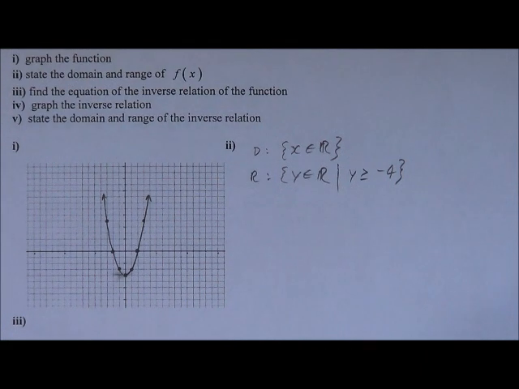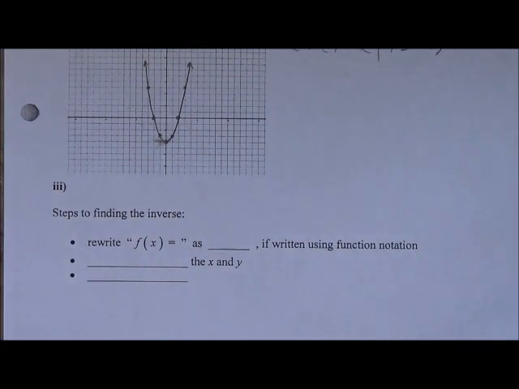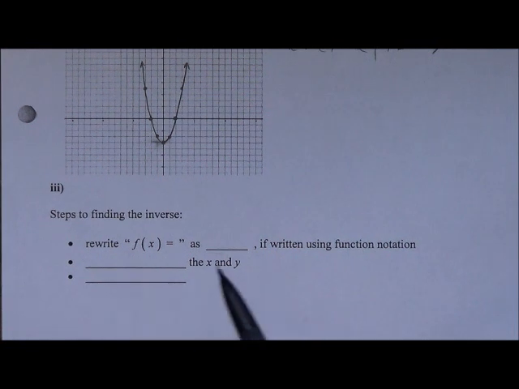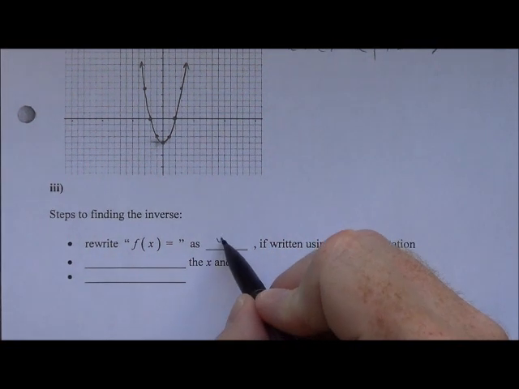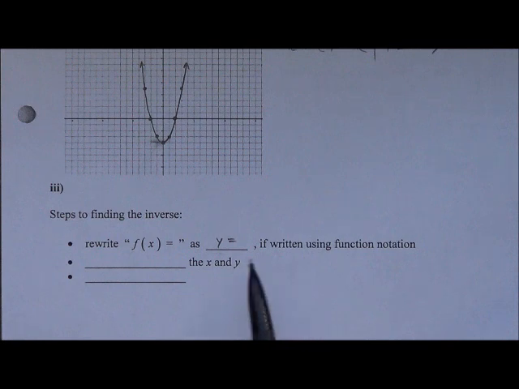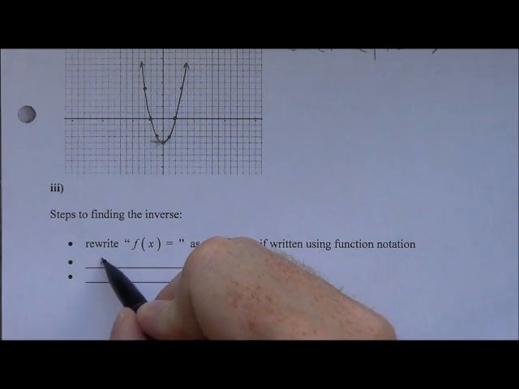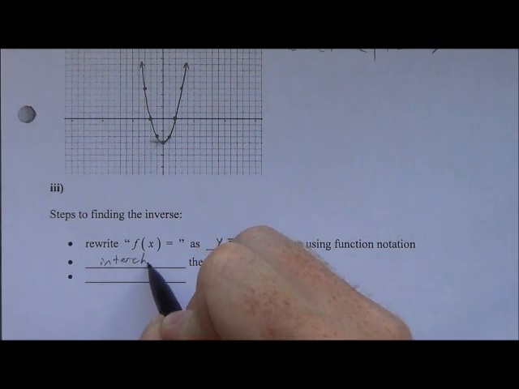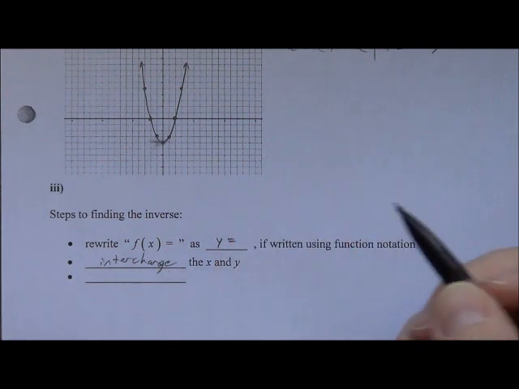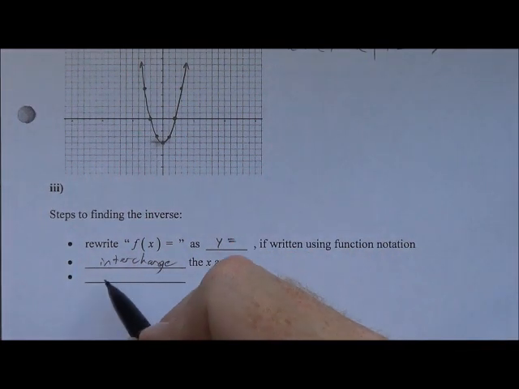Then we move along to the steps for finding the inverse. So first we're going to rewrite f of x equals as y equals. Then we're going to interchange the x and y. And then we're going to solve for y.